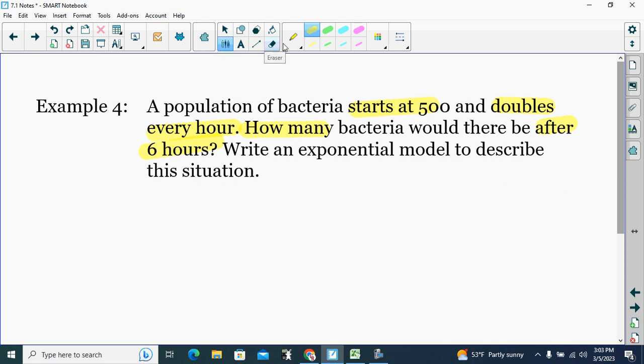Because I'm multiplying by something over and over again, that's why we have an exponential equation. It also tells us right in the problem, it's an exponential model. So we're starting with y equals ab to the x. Our starting amount goes in for a. We start at 500 and we are multiplying by, our growth factor should be 2.